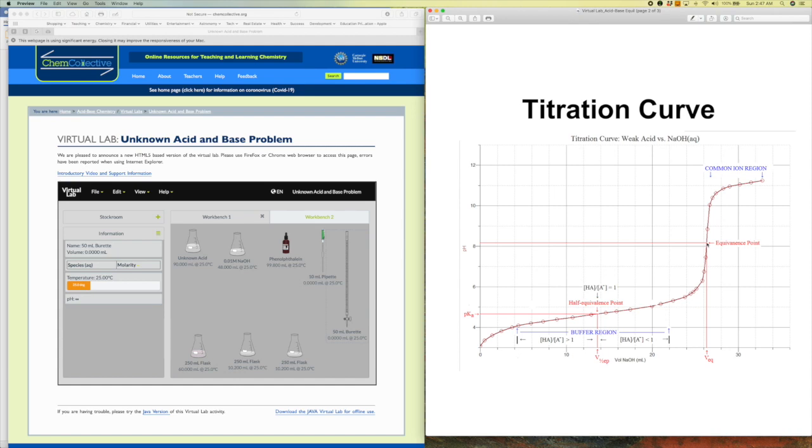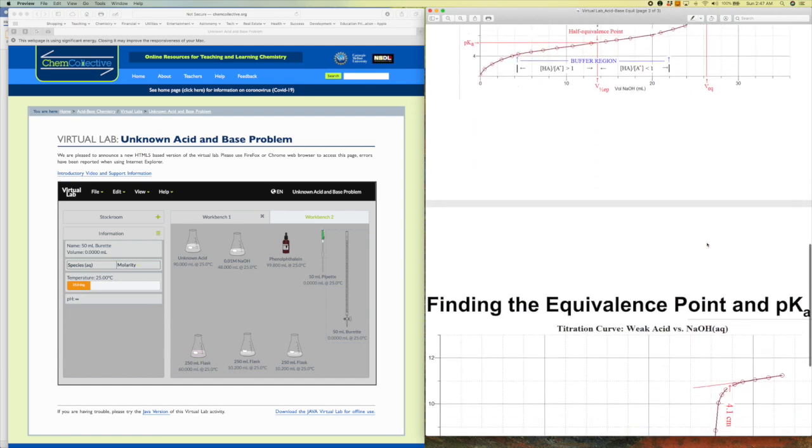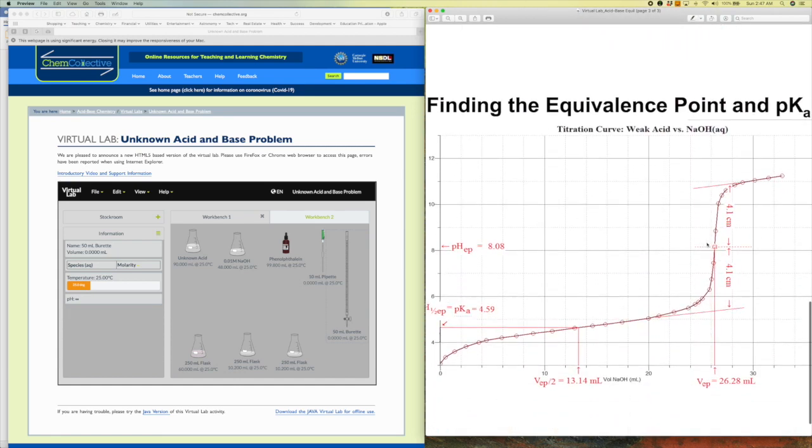And so the best way to do that is by drawing a tangent to this buffer region, mainly by extending this buffer region straight out, and the common ion region also straight out, and taking the distance between these two lines, right?